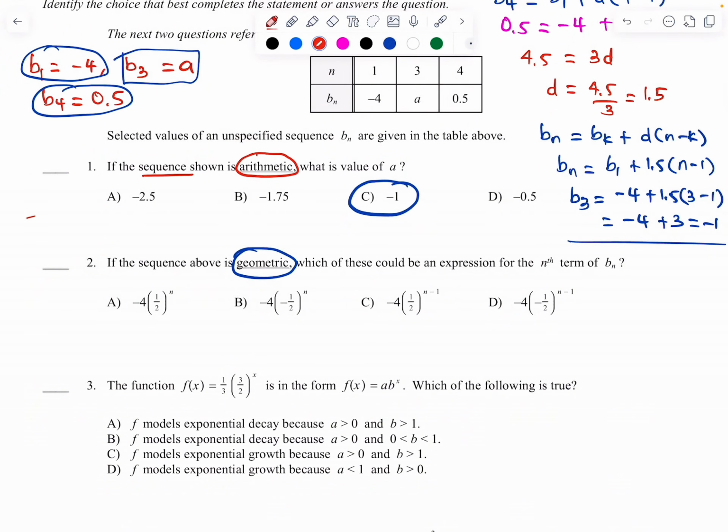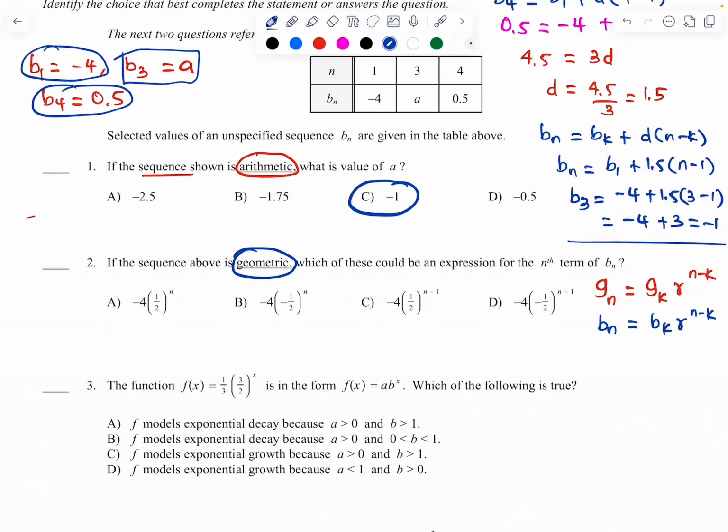The formula I'm going to use for this one would be my Gn is equal to Gk times the common ratio, exponent n minus k. But in this case, we are using b as our sequence, so I'll just replace g with b. So I have bn is equal to bk times r to the power of n minus k.